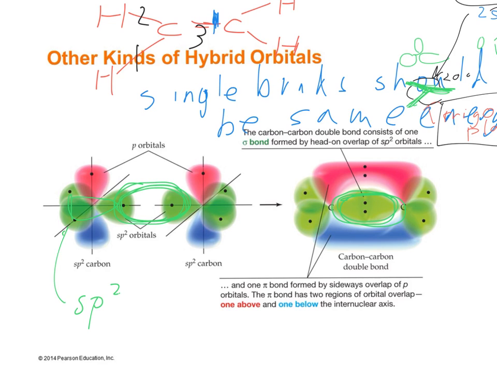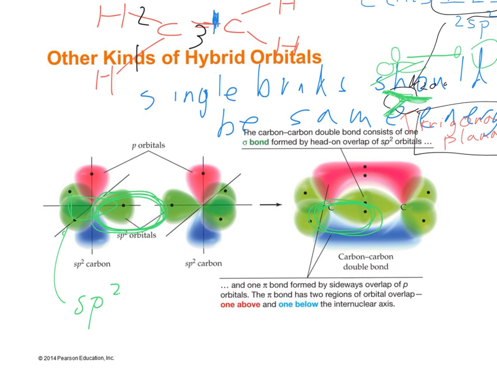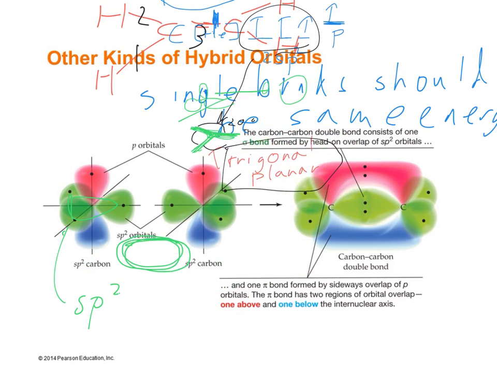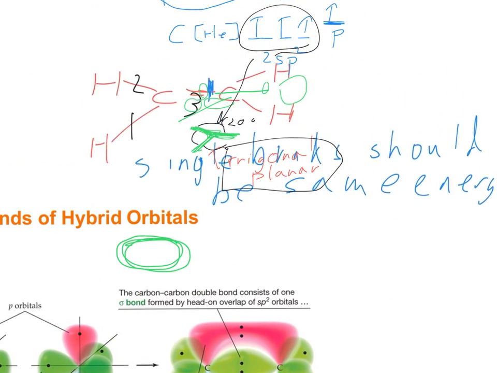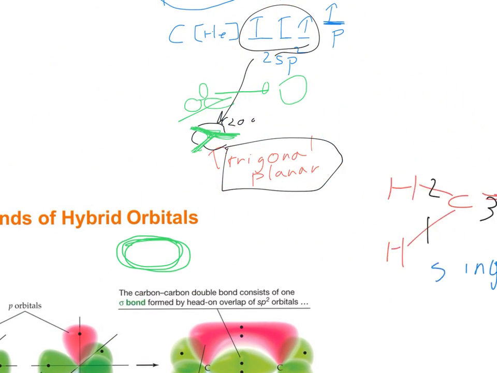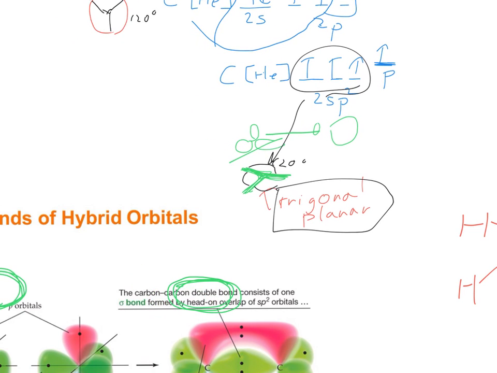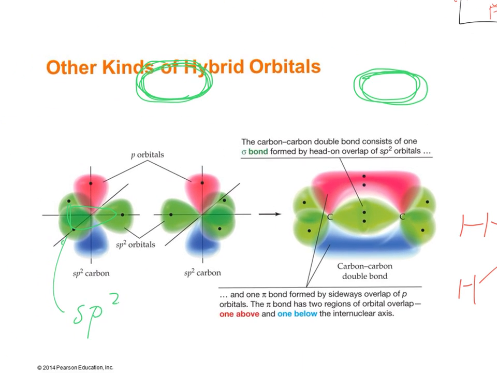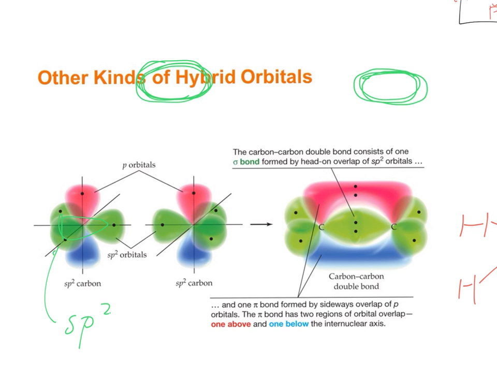So how about the double bond? Well, remember, we said that we have a p orbital here that's of a different energy. So it has a different shape than the others, and it lies along a different plane than the others. If we look in our picture, we see our traditional p orbital.